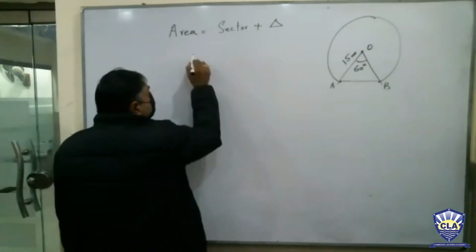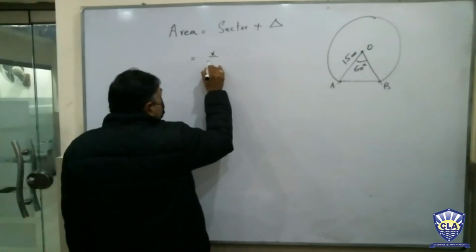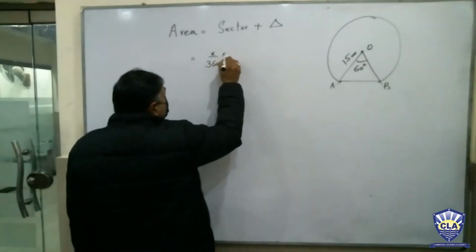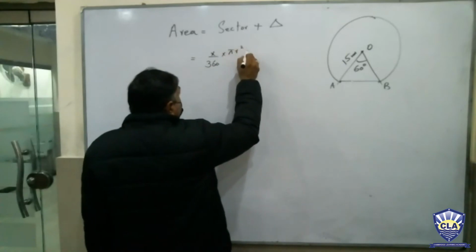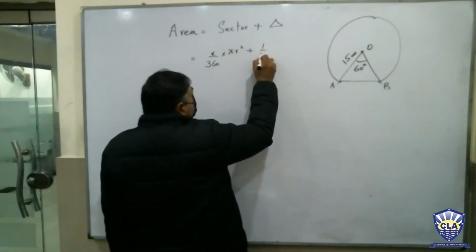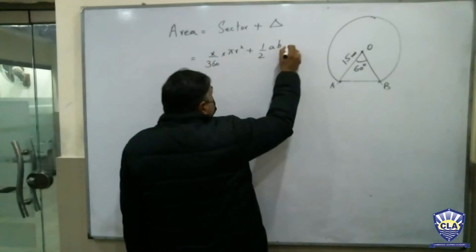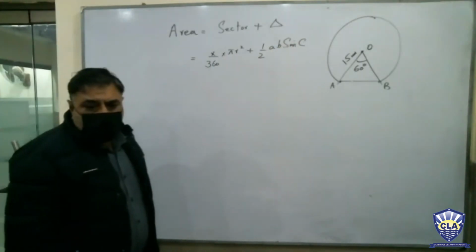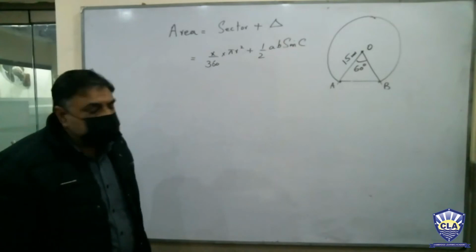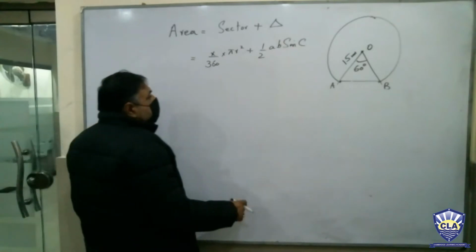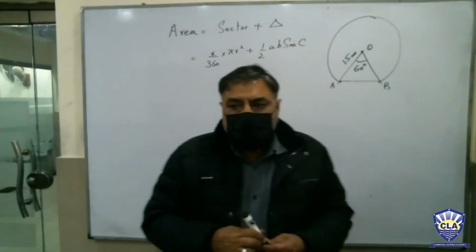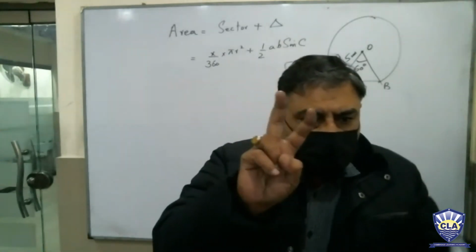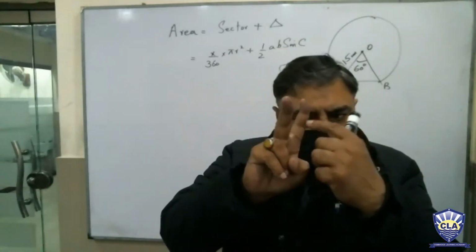What is sector? X upon 360 into pi r square plus half AB sine C, the area of triangle. AB are the two sides, this side and this side, and C is the angle between them.